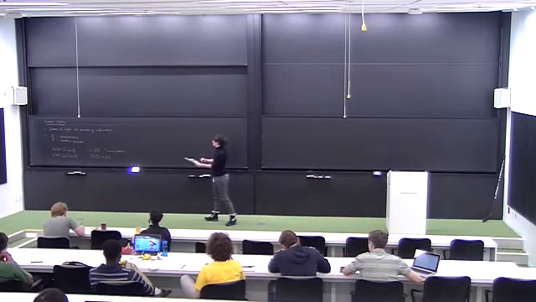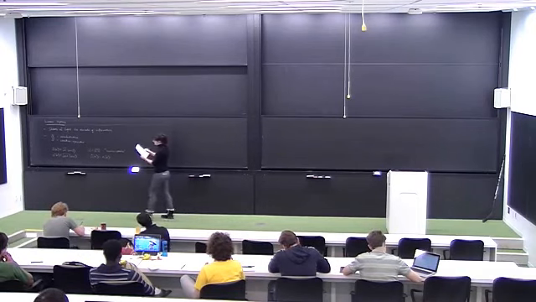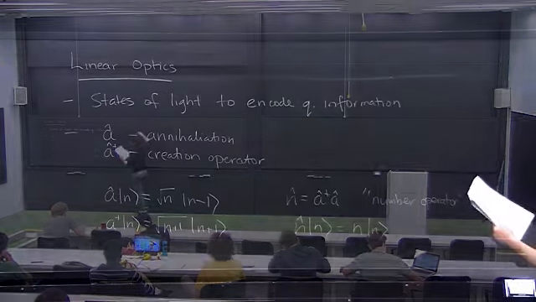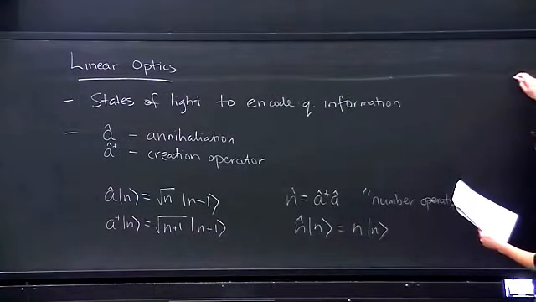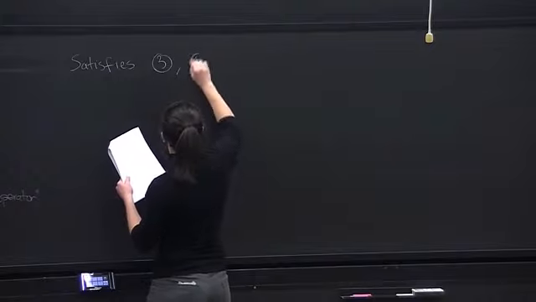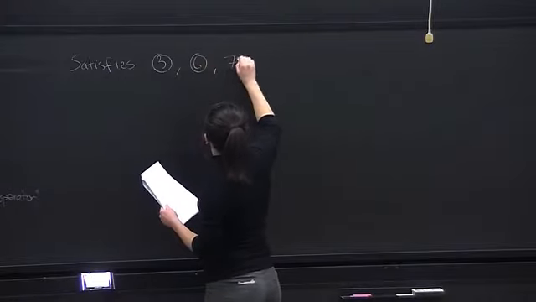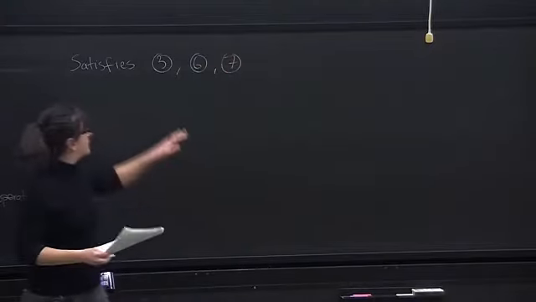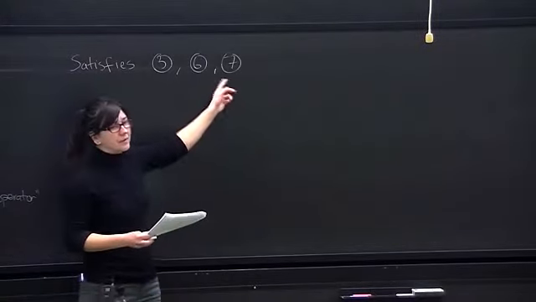So using optics, we can, for free, satisfy 3 of the DiVincenzo criteria. 3 is the decoherence times, and then these 2 are the communication ones.